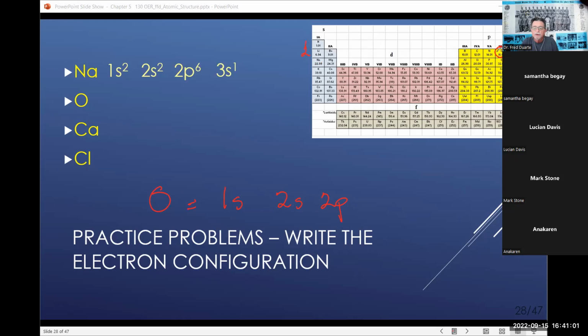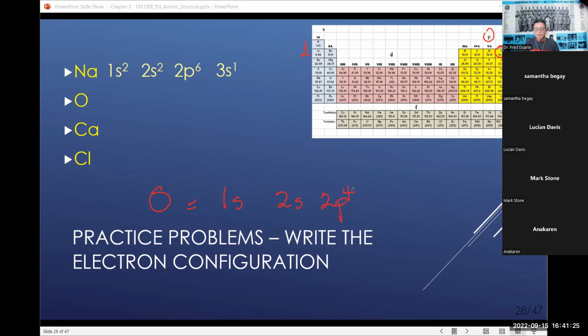Find oxygen, look in the yellow group, which is the p, count the columns from left to right, 1, 2, 3, 4. It is in the fourth column in the p group. So you can very quickly put a 4 into p, 2p4, okay?